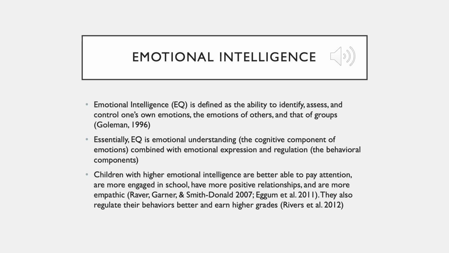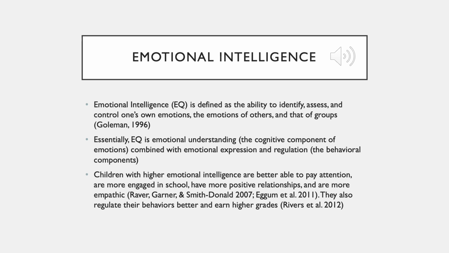And we also see that children who have higher emotional intelligence, so the ability to identify and assess and control their emotions, so that understanding, expressing, and regulating of emotions, they are better able to pay attention, be more engaged in school, and have more positive relationships. So again, all areas of development are positively impacted and benefit from children having strong emotional intelligence.